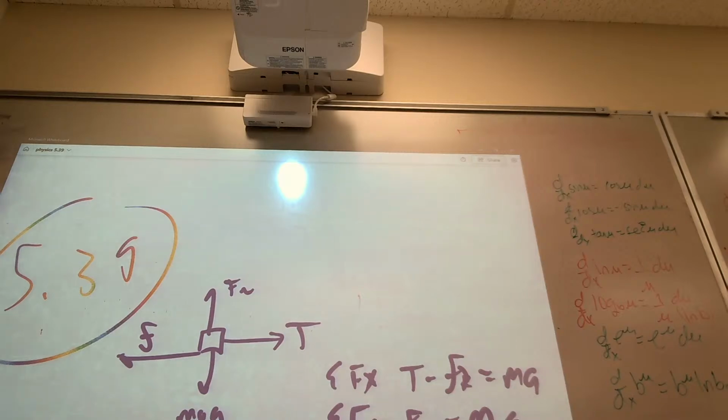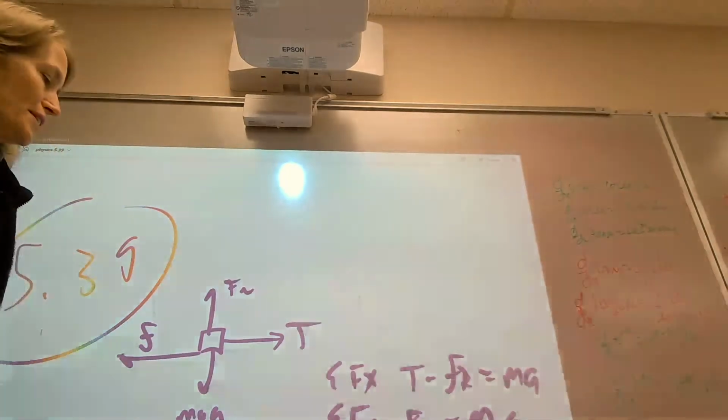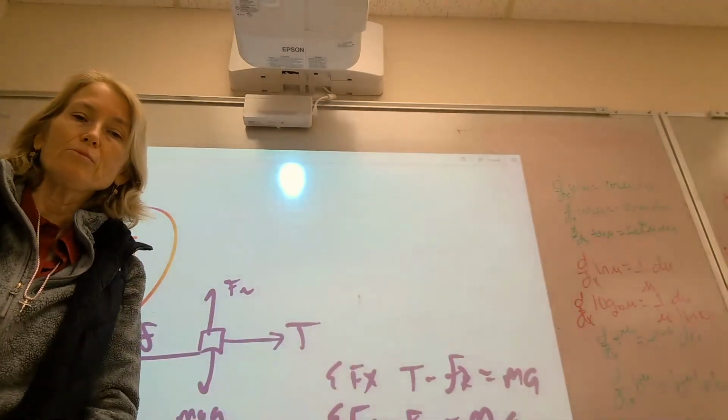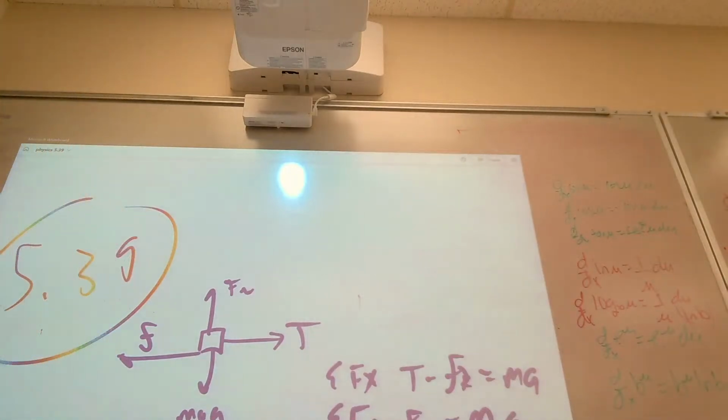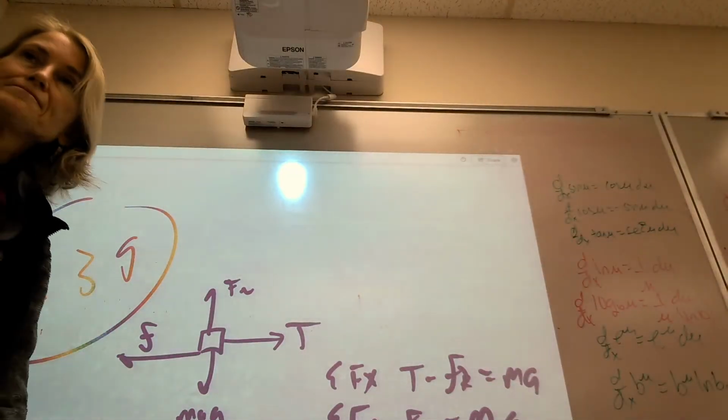Okay, now you want to plug in here your mu times the weight, and then you have two simultaneous equations, your sigma fx and your sigma fy for the other block, and you use those to solve simultaneous equations. You can use substitution or elimination.